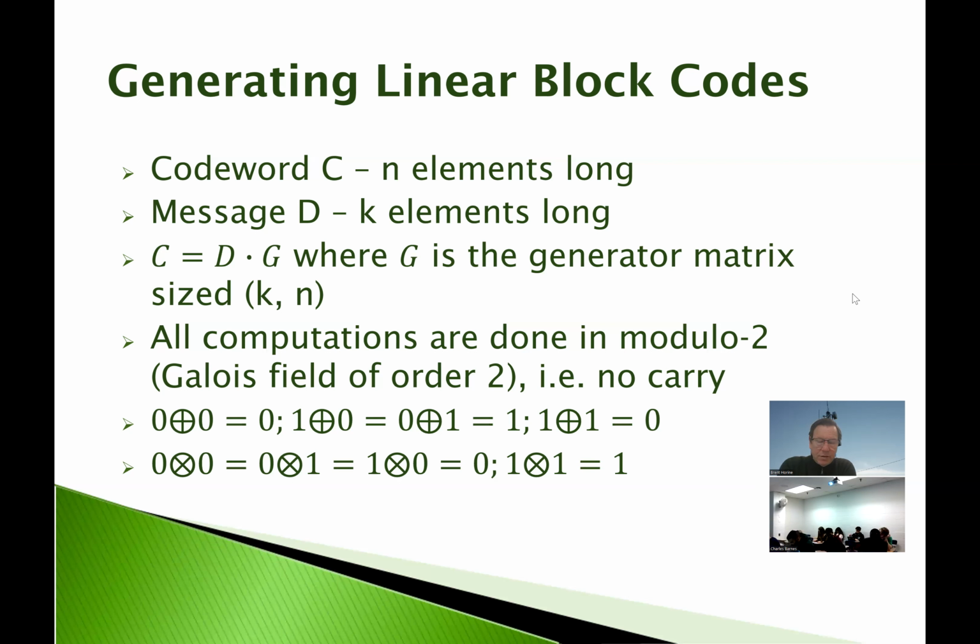As a review, in fancy talk, you can call this a Galois field of order 2. If you study error control coding much more deeply, you'll study this finite field algebra and that type of thing. But for our purposes, we'll just refer to this as modulo 2 and note that there's really no carry. What does that mean?